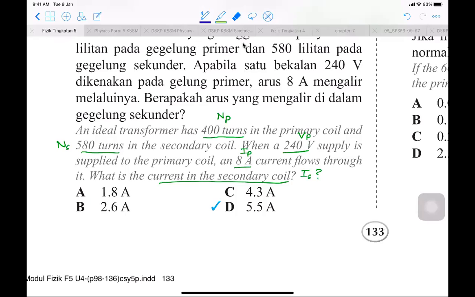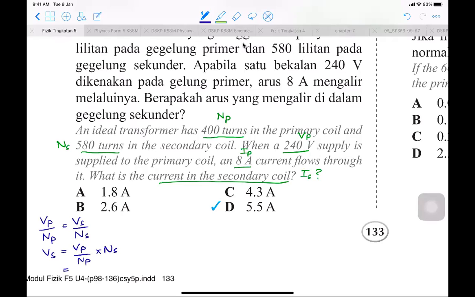Okay, so kita cari dulu dia punya VS kan? So we are going to find the value of VS first by using this one. VP over NP equals to VS over NS. Ini dulu kita cari. Now to get VS is VP over NP times with NS.